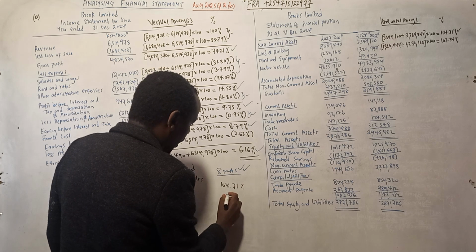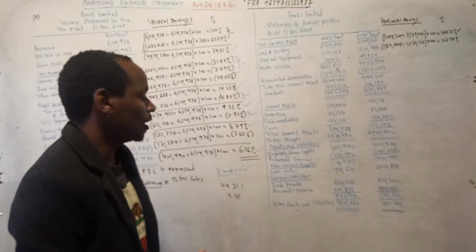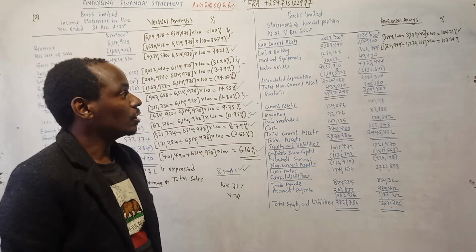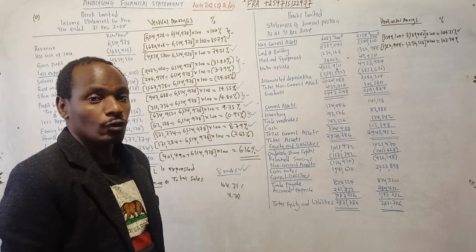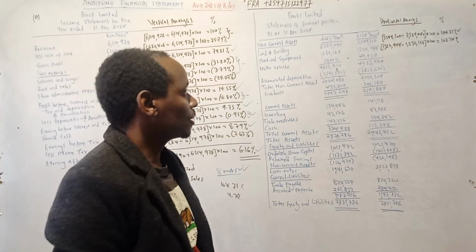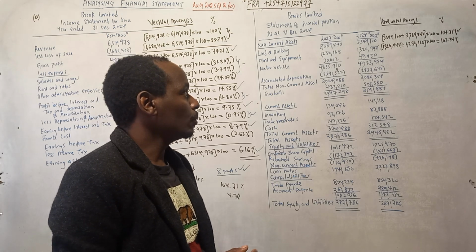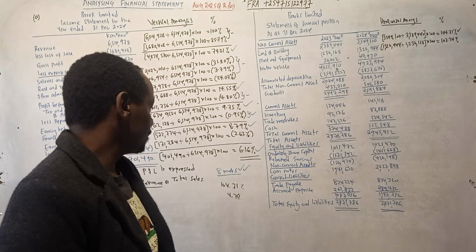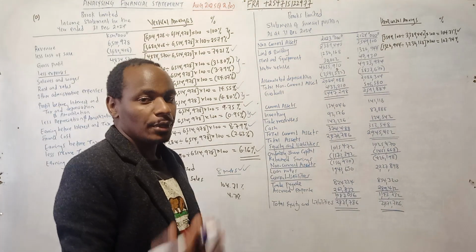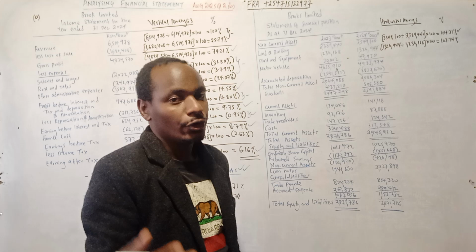Now it means that 4.71% was an increase in asset. So the asset increased by 4% from the year 2023 to 2024, through the land and building. The land and building increased by 4.71%, which can be either through acquisition of a new land or through revaluation.